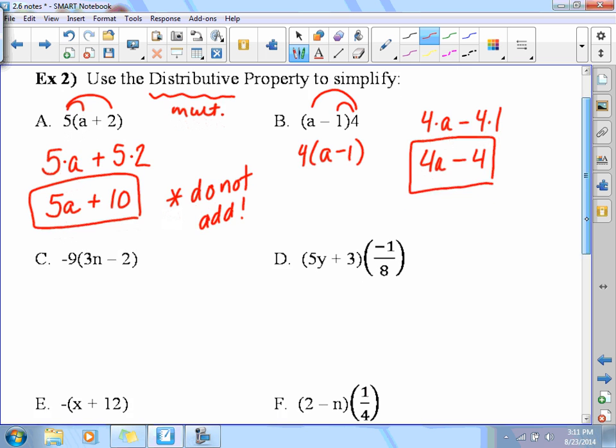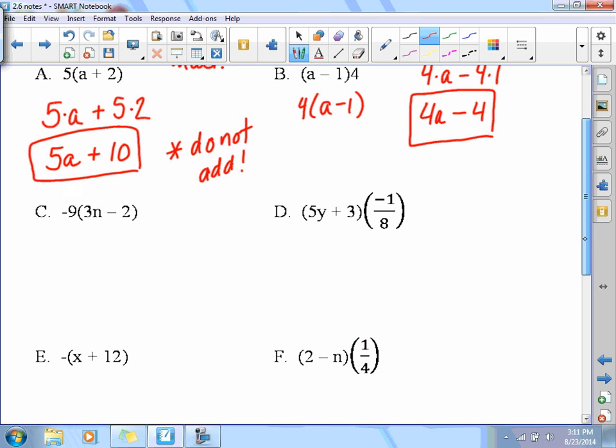And the only thing different about part C is that there's a negative in front of the number out front of the parentheses. And there's also a 3n. We have a number and a variable that we're going to multiply by the negative 9. But here when we distribute the negative 9 to the 3n, what can we really multiply together?